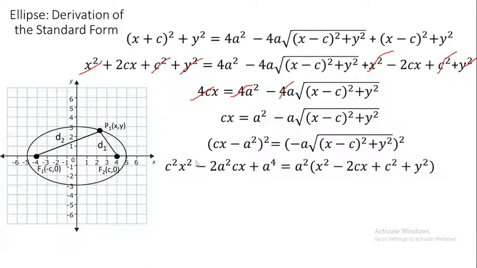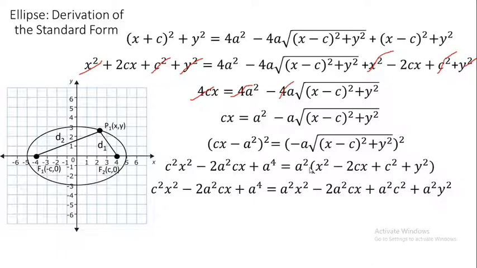c squared x squared minus 2a squared cx plus a to the fourth. Square the first term. Negative a squared squared is a squared, and we cancel out the radicand: x squared minus 2cx plus c squared plus y squared.